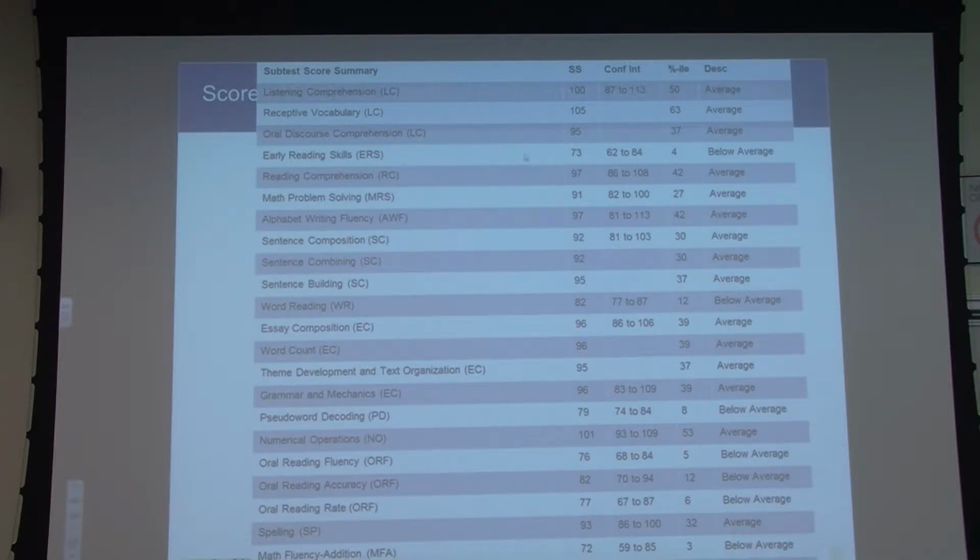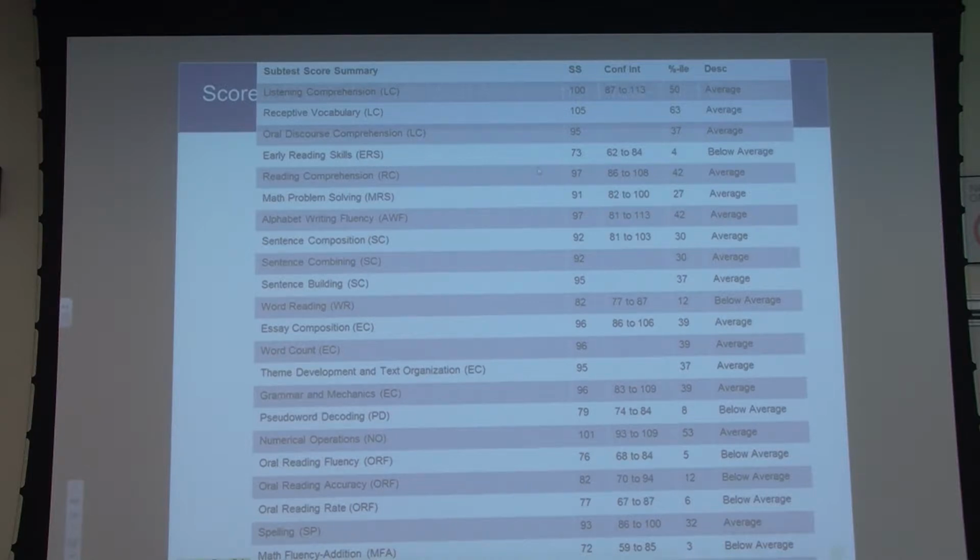What this measures is segmenting, blending, letter names, letter sounds, rhyming, and basic decoding. Those are the early skills that you need for reading, and she's got a weakness there, and that's about the other things that we talked about, the phonological processing and the attentional control. So now we're starting to see the weakness, right?